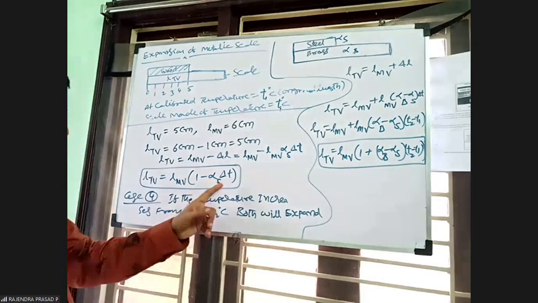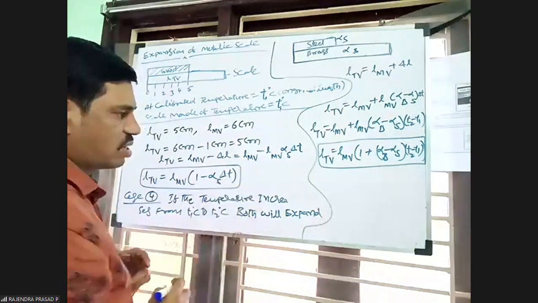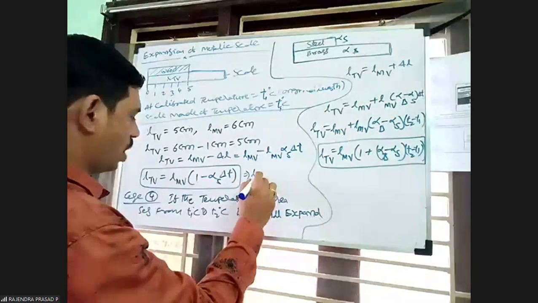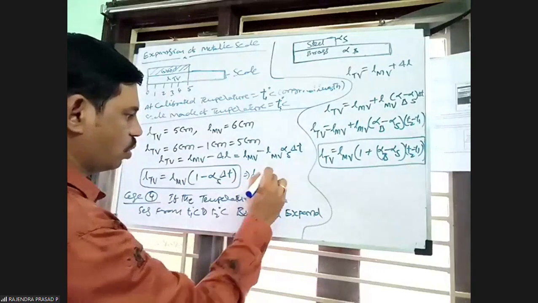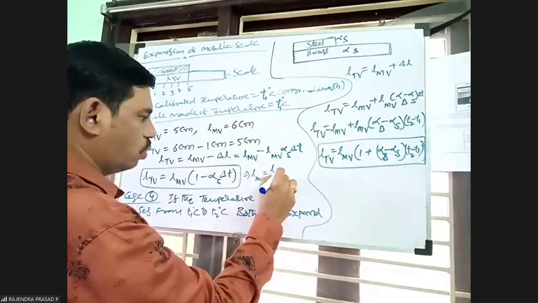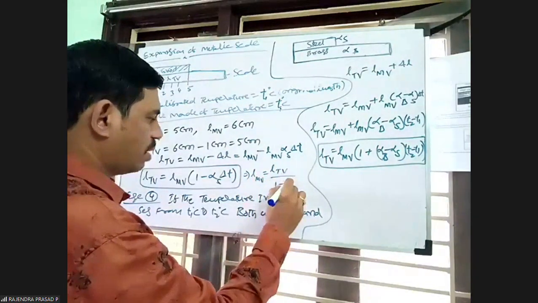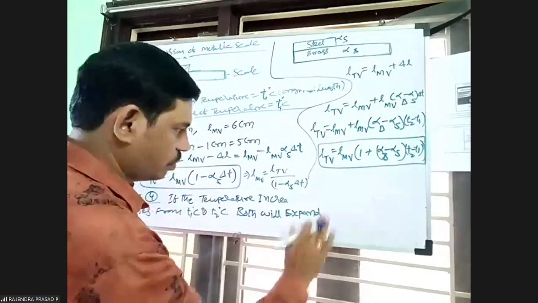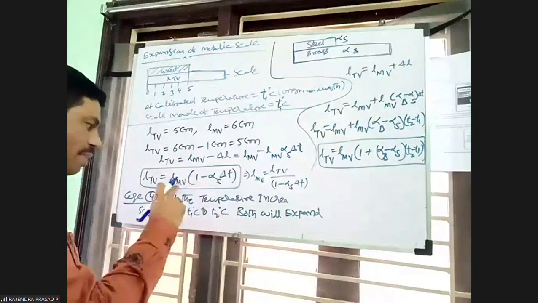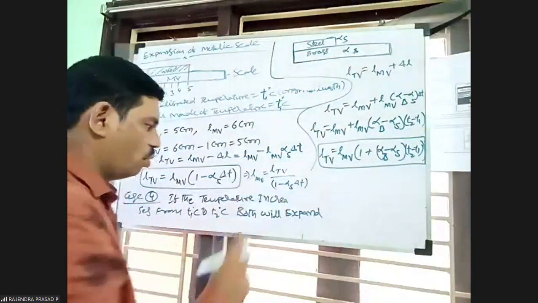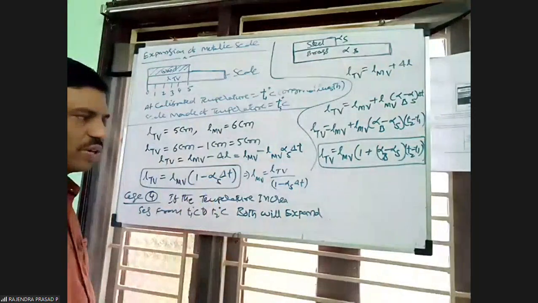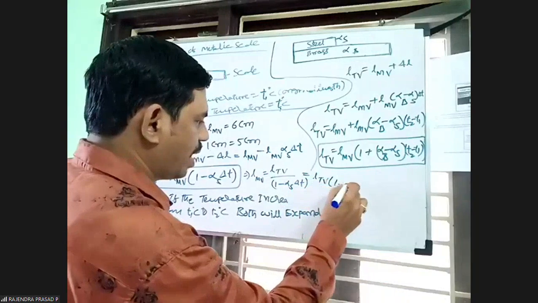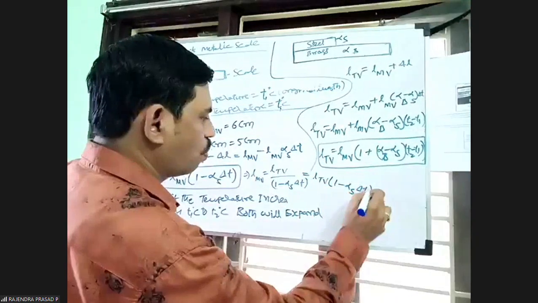For example, in the first case also: L true value, L measured value. L measured value is equal to L true value by 1 minus alpha S into delta T, so L true value into 1 minus alpha S delta T whole power minus 1.